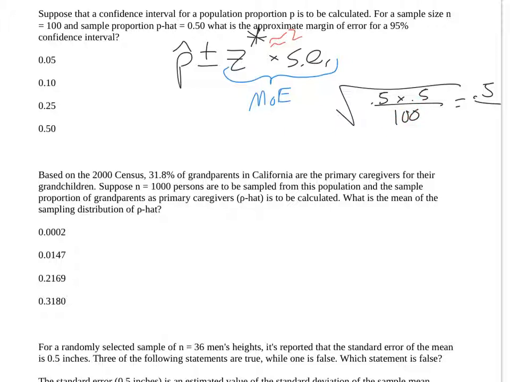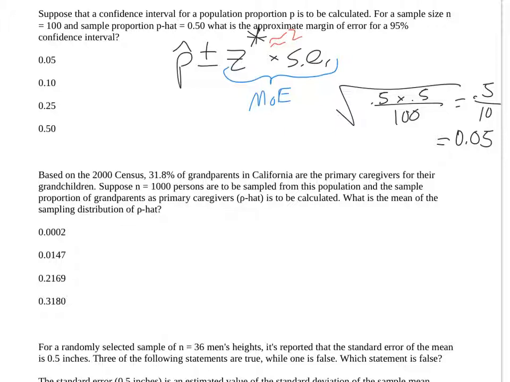What's the square root of 100? 10. So 0.5 divided by 10. Well, that's easy. If you divide 0.5 by 10, you're just going to add another 0 between the decimal place and the 5. This is going to be 0.05.